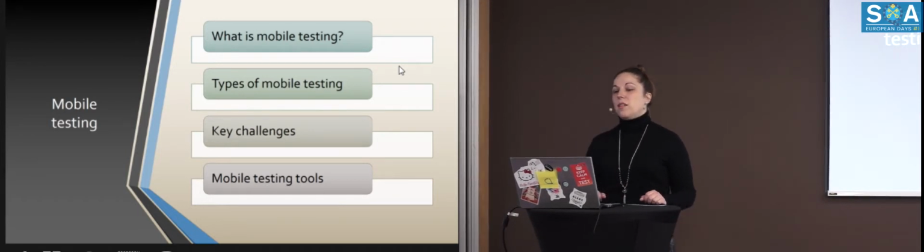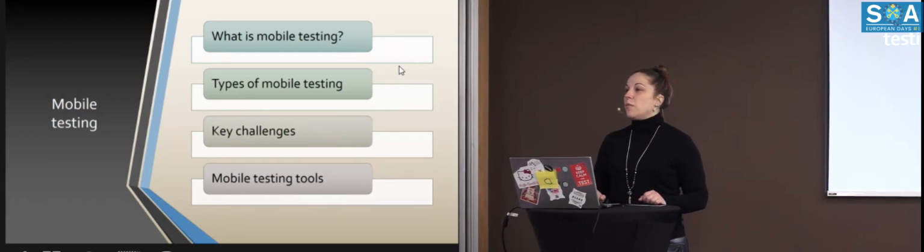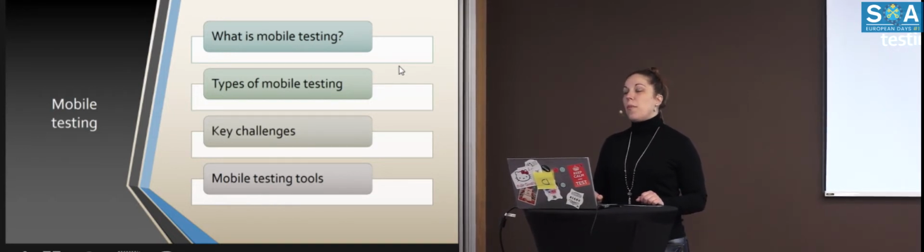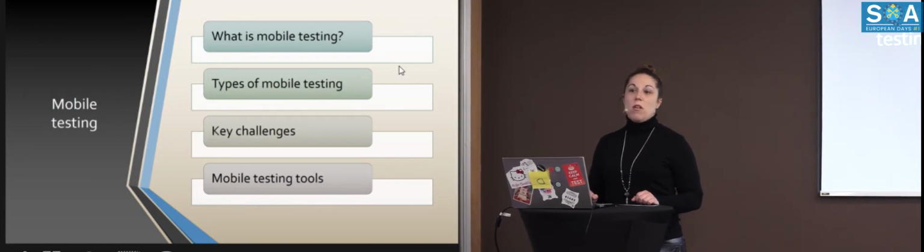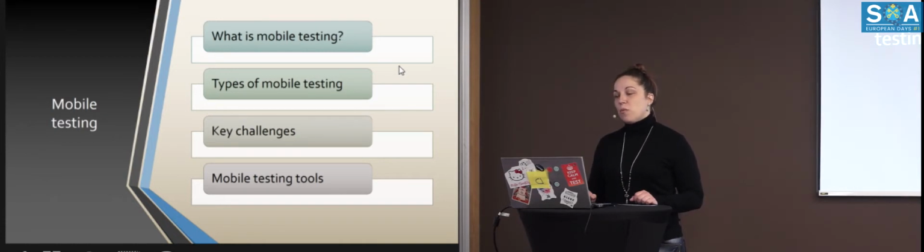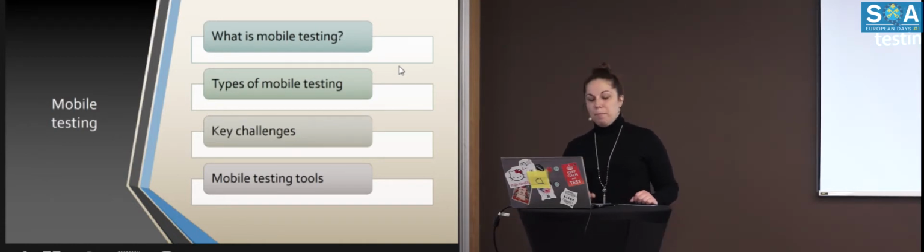I must say that there are a few more types, like security testing for mobile. Also performance testing, for example, what is going on when we have a low battery. That is very interesting for us, performance testing in mobile.